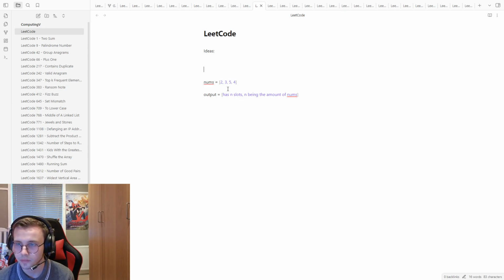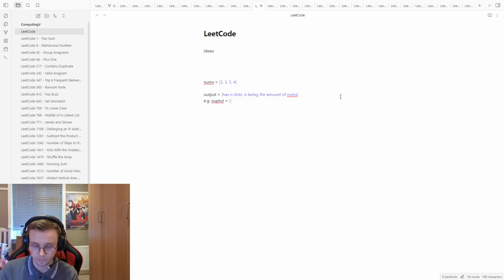We could have output with each slot being 1, I guess. So output is equal to 1, 1, 1, 1.